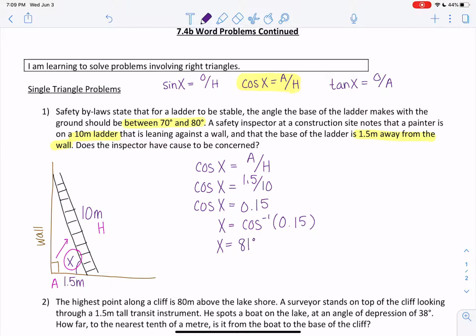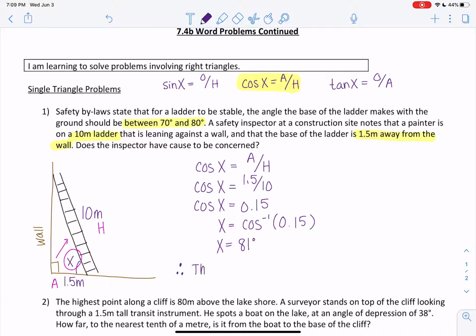Now, what we're looking for is we're trying to decide if the inspector should be concerned. So in order for this ladder to be safe, the angle between the ladder and the floor should be between 70 and 80. So since our angle is larger than 80, the ladder is not safe. So we can write our therefore statement.